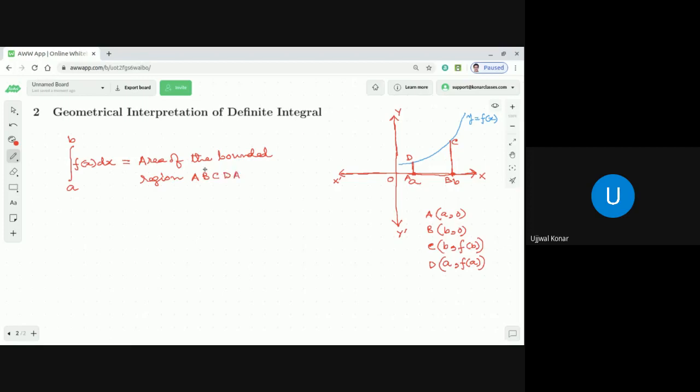So in simple terms, it represents the area of this region, what I'm marking in the green. Are you getting my point, dear students? Nothing else. So integration a to b f(x) dx is nothing but the area of the bounded region A, B, C, D, A. Anyone has any doubt to understand this one?